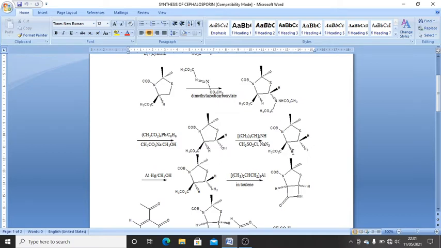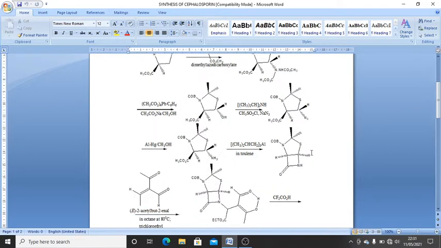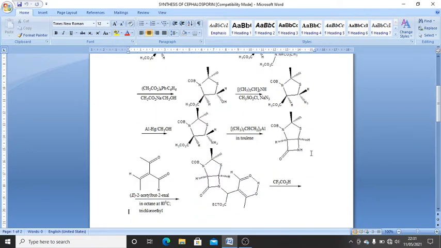This is also called a 5-azide derivative or a 5-triazide derivative because 1, 2, 3, 4, 5. A 5-triazide derivative is synthesized.